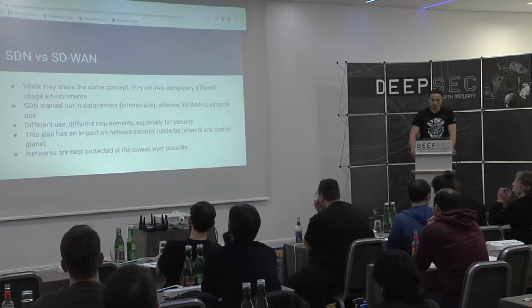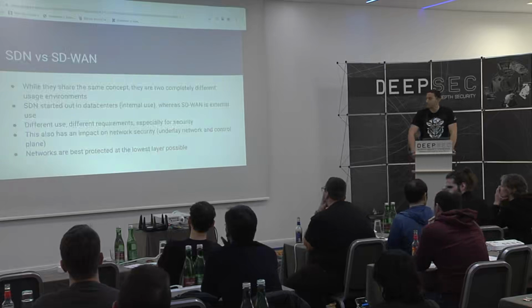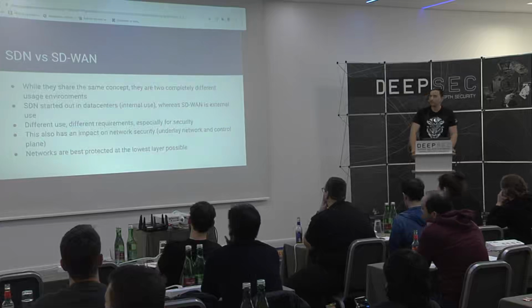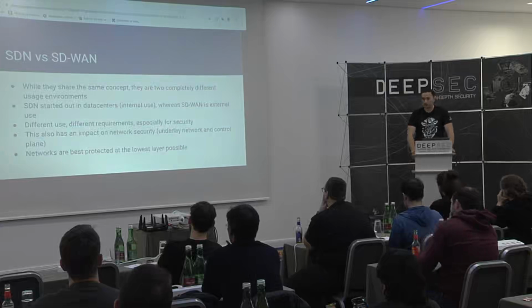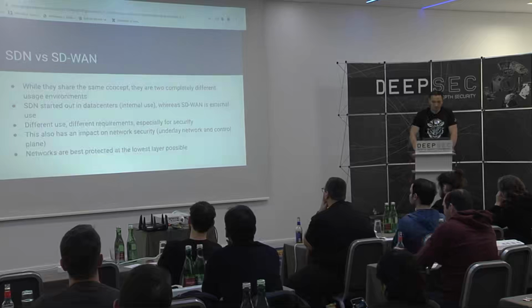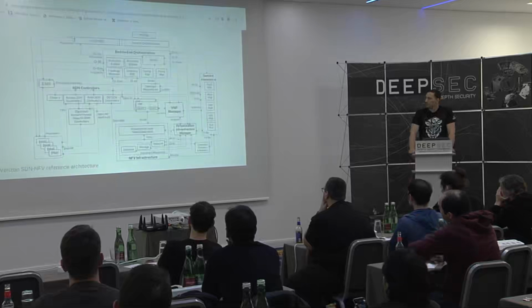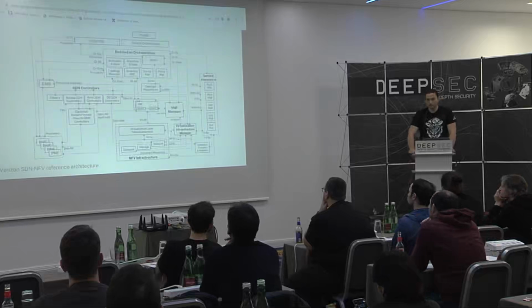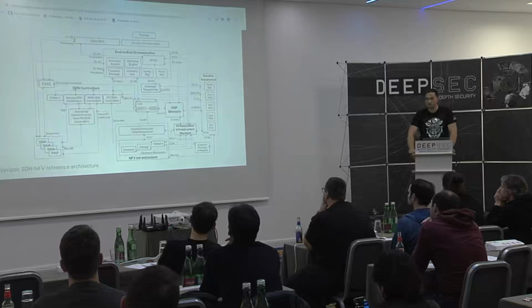SD-WAN is SDN used for external connections, in an environment specific to wide area networks. Different use cases bring different requirements, especially from a security point of view, and these are very important in these networks. And this is the trivial Verizon SD-WAN reference architecture.